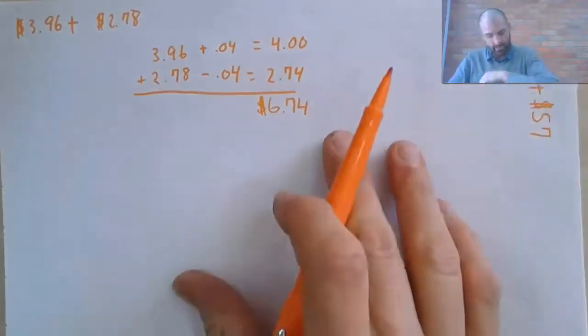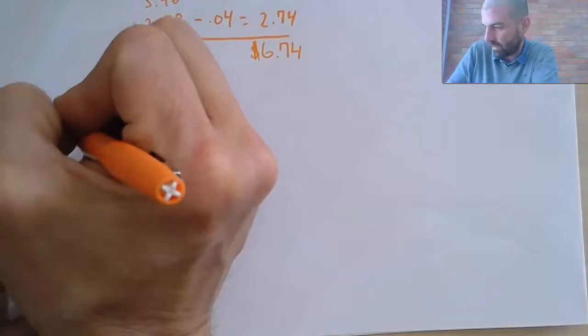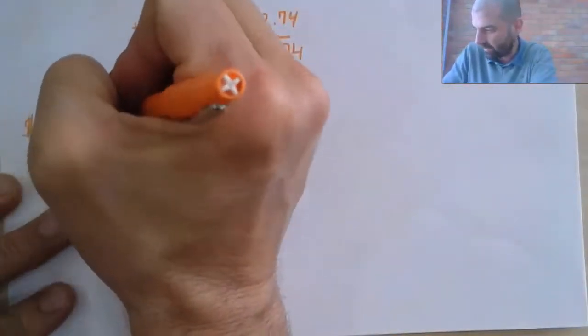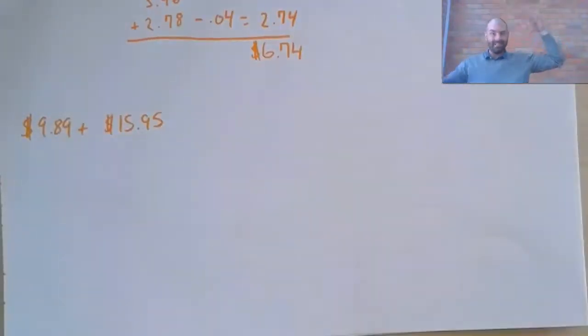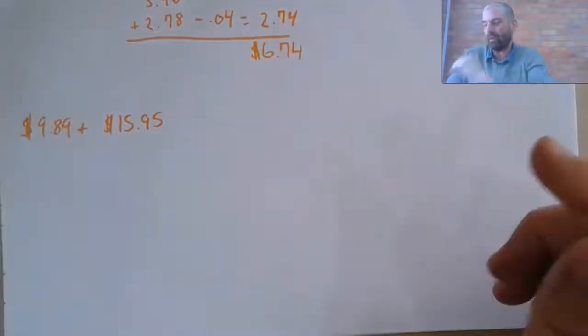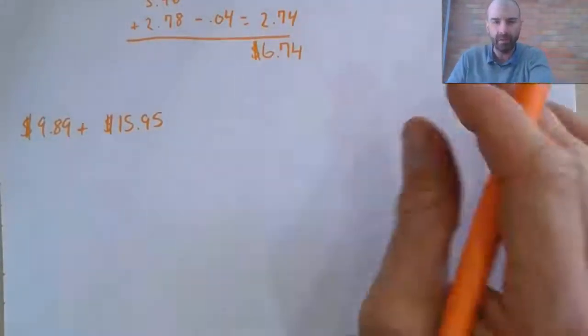All right, last one. This is it. $9.89 plus $15.95. Can you show mastery for this strategy? 3, 2, 1, 0. I shouldn't say mastery. That's probably not right. You would need to do this not really with my help, but independently to show mastery.